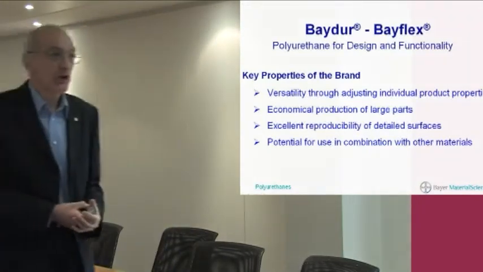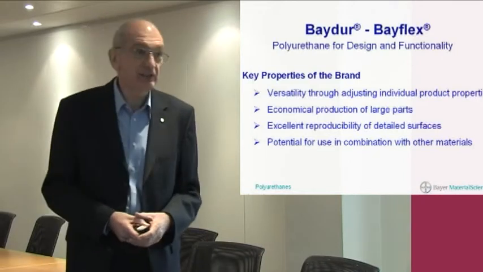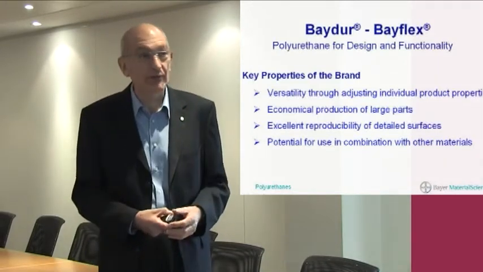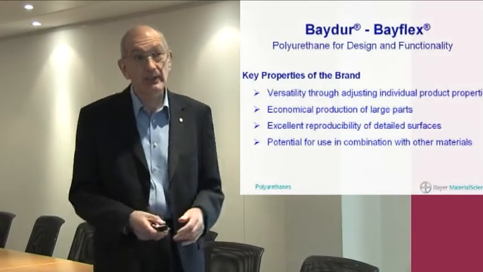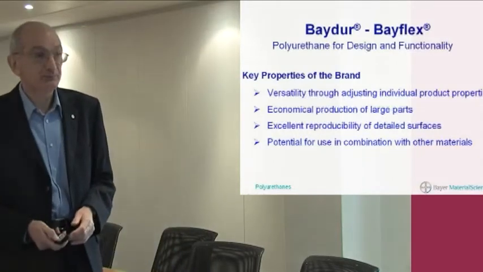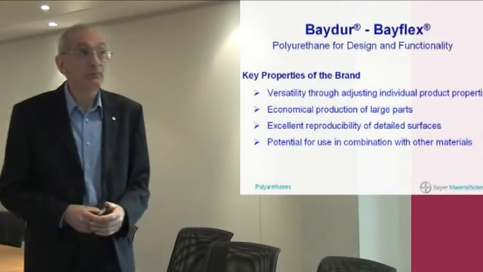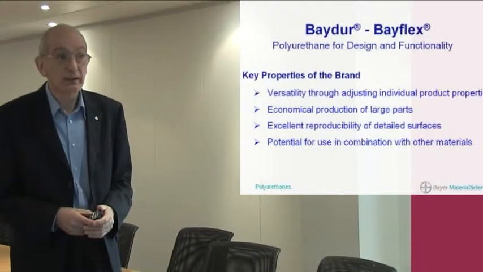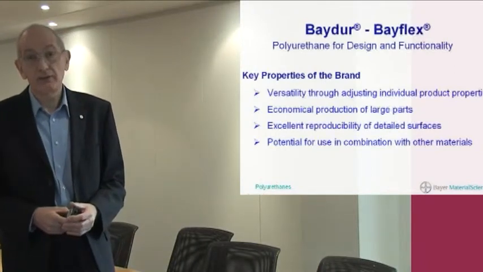We have excellent reproducibility of detailed surfaces because of the low viscosity of the reaction mixture, despite the low moulding pressure. And we can use Baydur and Bayflex with, or in combination with, other raw materials.